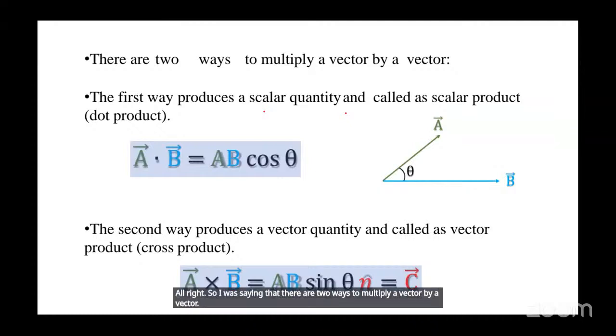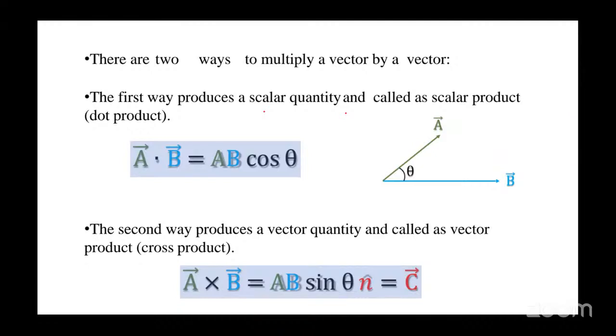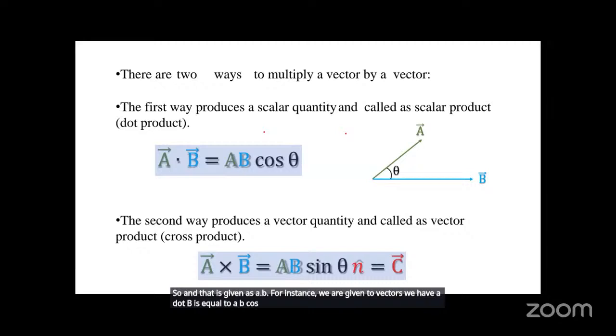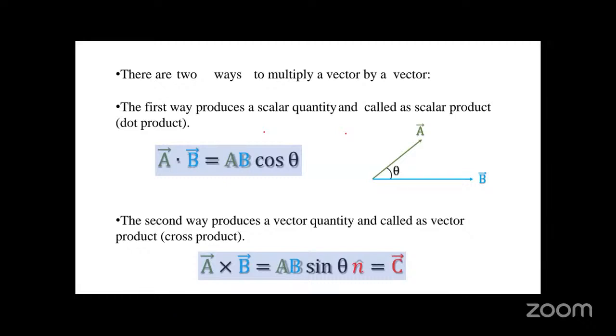The first way is the dot product method or scalar product method, and that is given as A dot B. For instance, if you are given 2 vectors, we have A dot B is equal to AB cos theta. A and B are the 2 vectors given.